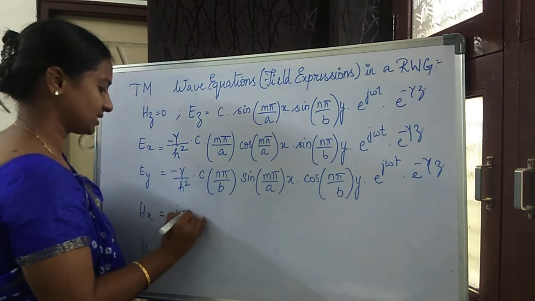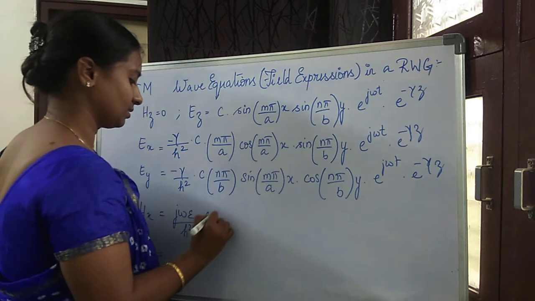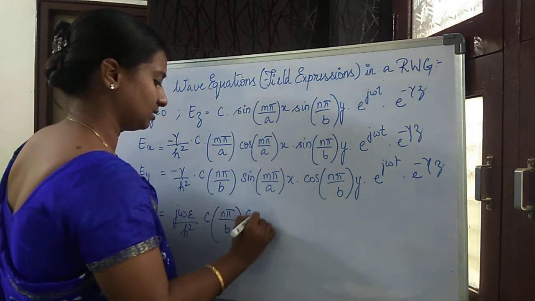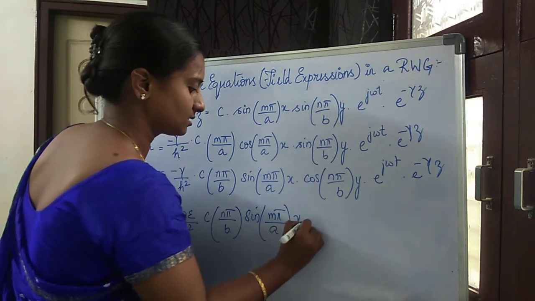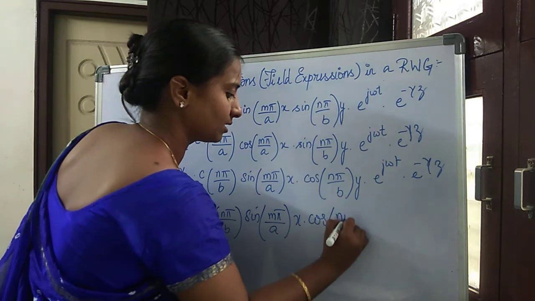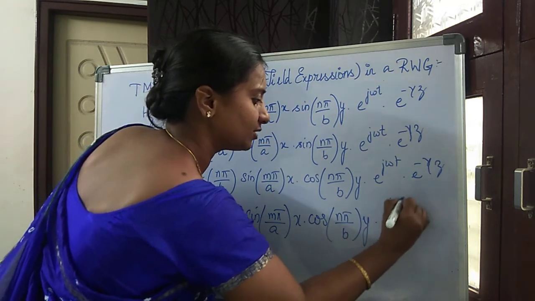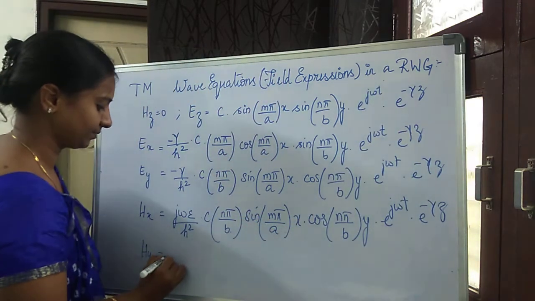And for Hx, I have j omega epsilon by h square, C n pi by b, sine of m pi by a x, cos of n pi by b y, e power j omega t e power minus gamma z.